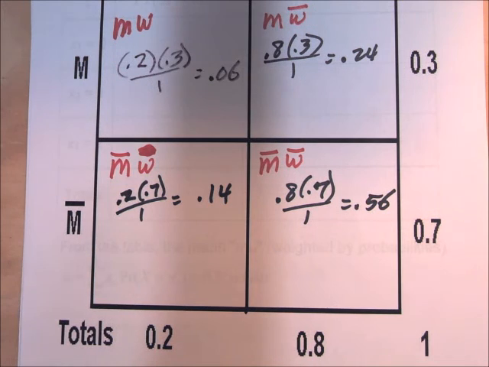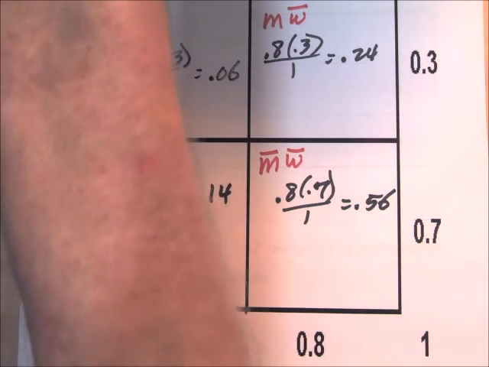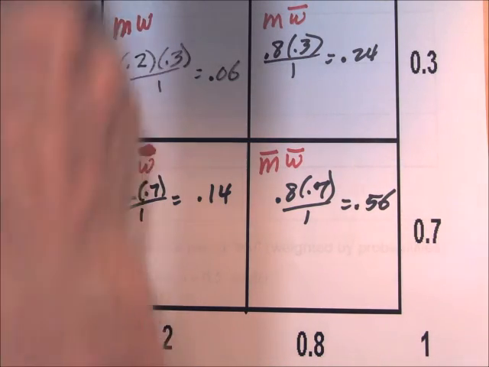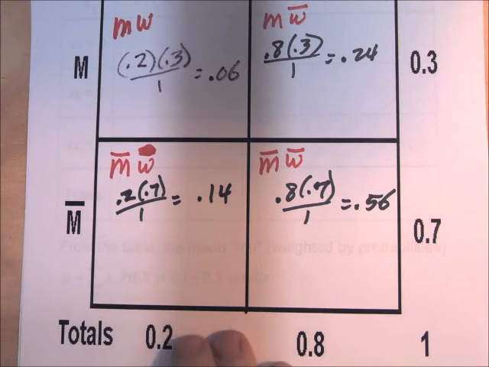Okay, so those are the probabilities that we need in order to eventually find the mean or expected value.